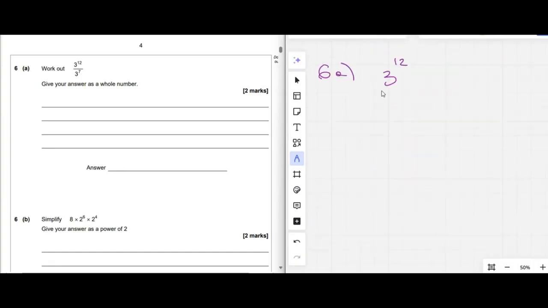3 to the power 12 over 3 to the power 7. What should we do with powers? 12 minus 7? Yes, exactly. With division, we are subtracting the powers. So we have 3 to the power 5, and we should now calculate this.